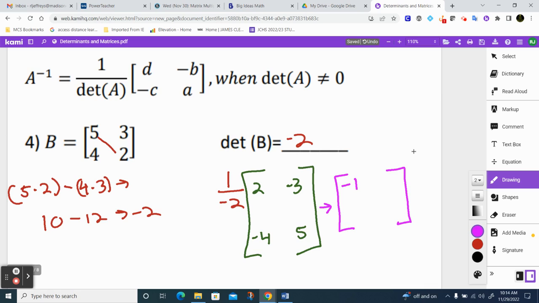Negative 1/2 times negative 3 is going to be positive 3 over 2, or 1.5. Basically, because we're multiplying by a fraction, that's the same thing as dividing by your bottom number. So negative 1/2 times negative 4 is going to be positive 2. And negative 1/2 times 5 is negative 5/2.